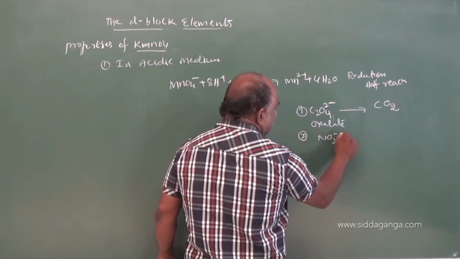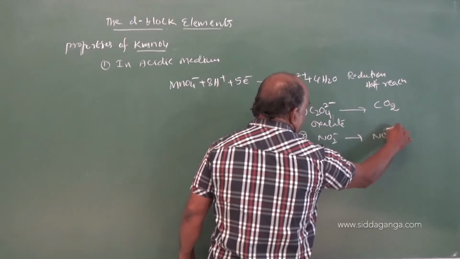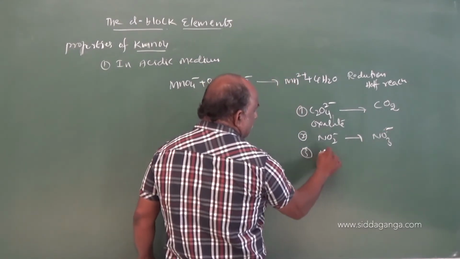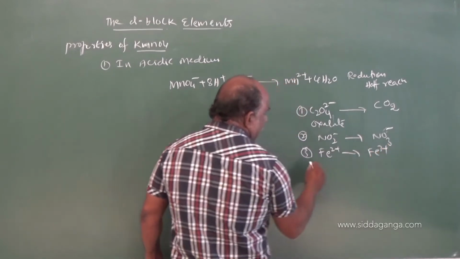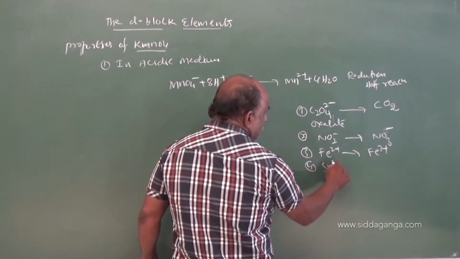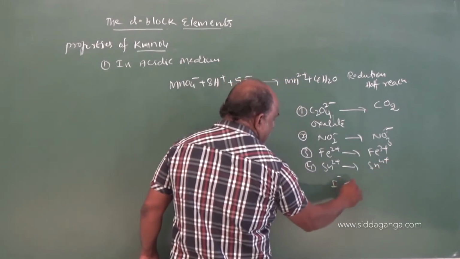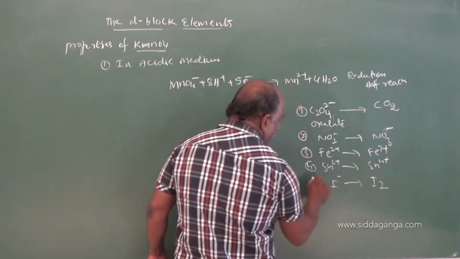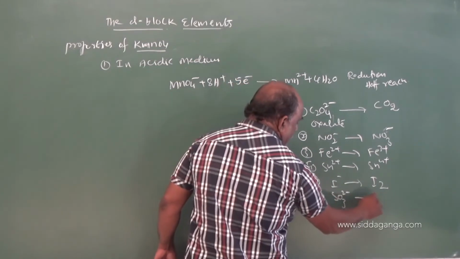Nitrites are oxidized to nitrates. Fe2 plus is oxidized to Fe3 plus. Sn2 plus is oxidized to Sn4 plus. I minus is oxidized to I2. Sulfites are oxidized to sulfates.